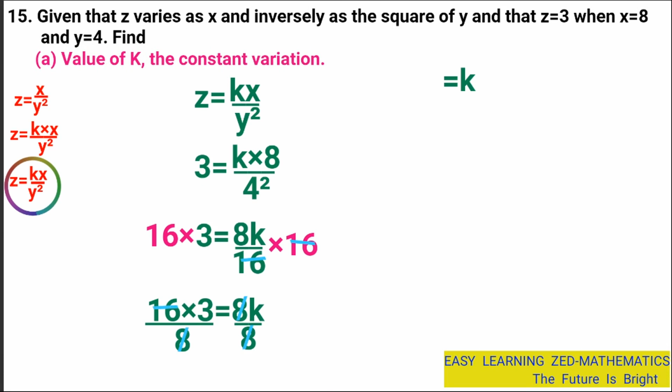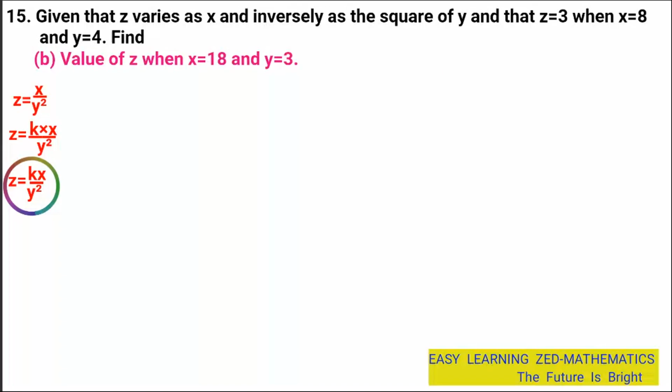That means I remain with 2 times 3 is equal to k. So k is equal to 2 times 3, which gives us 6. So the value of k, which is the constant of variation, is 6.